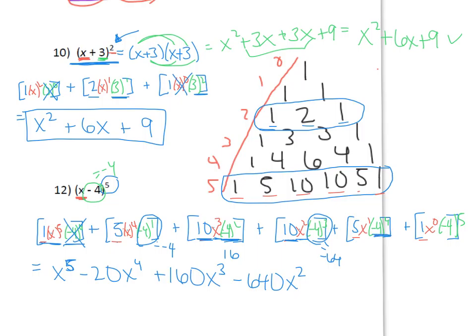And then move on. -4 to the 4th, that will be 256 times 5. We get 1,280 times x. X to the 0 cancels, so we're left with -4 to the 5th, which is a -1,024.